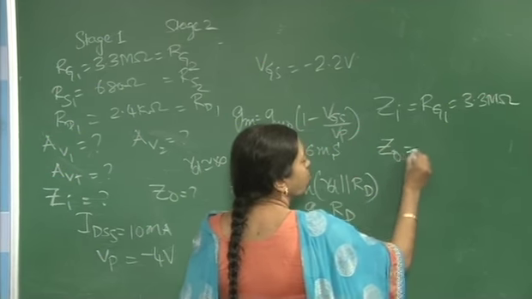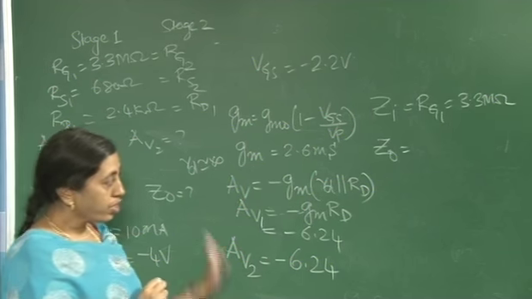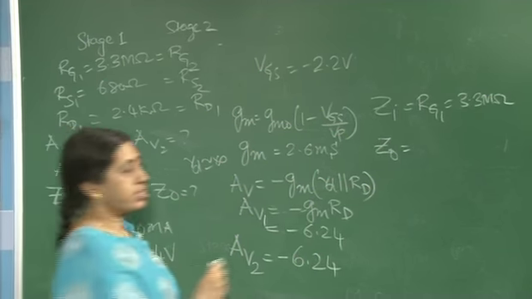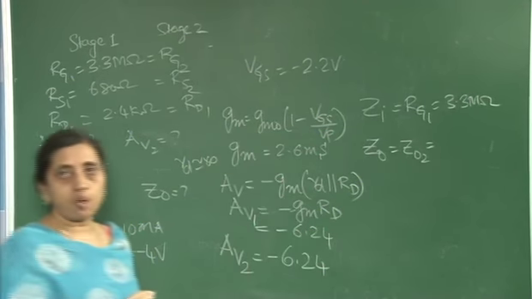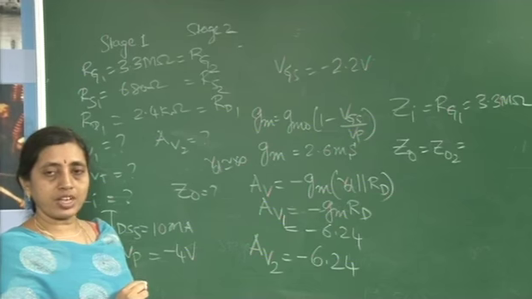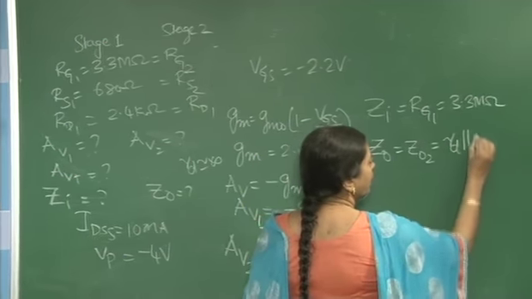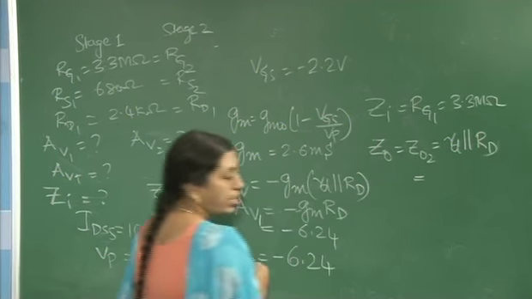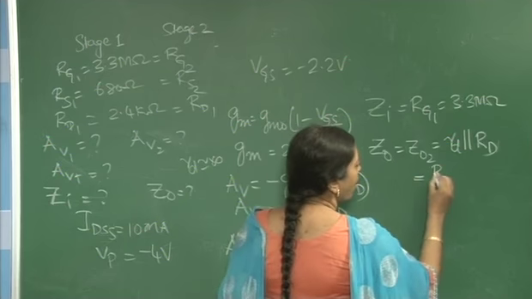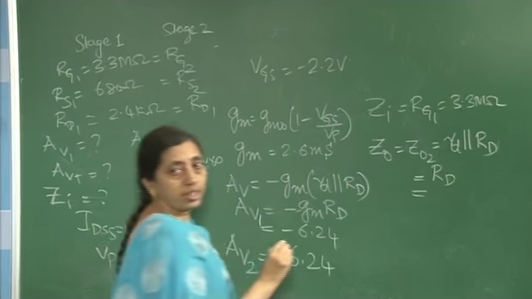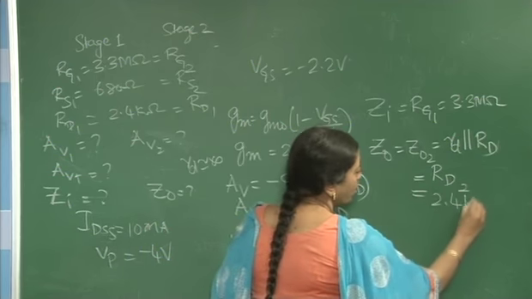Zo will be that of the output impedance of the second stage, that is Zo2. Since it is a common source amplifier with a bypass capacitor, it should be equal to Rd parallel with ro. Since ro is equal to infinity, this will be equal to Rd, which is nothing but Rd2, that is 2.4 kilo ohms.